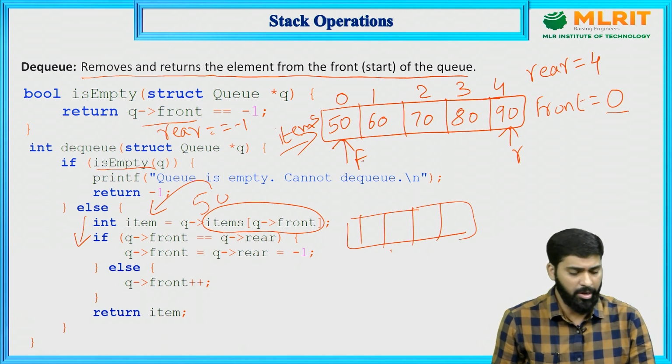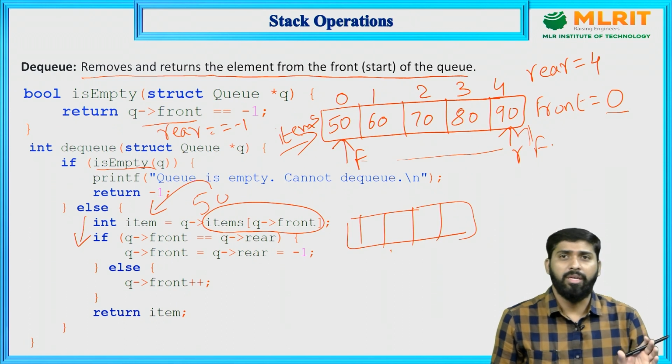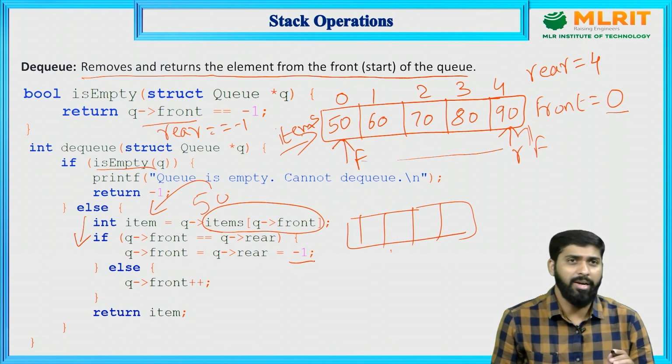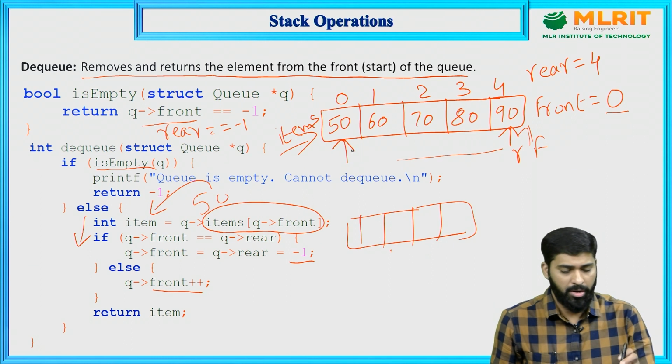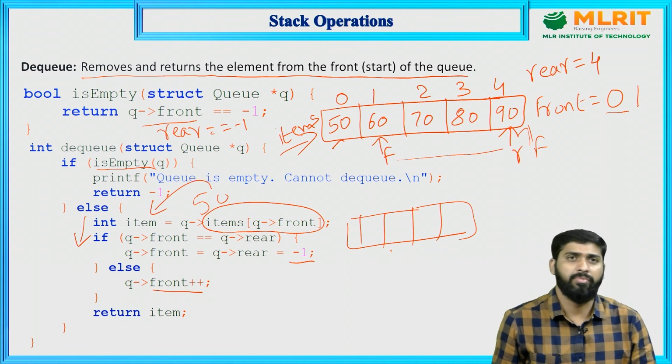Once we delete all the elements, both front and rear are at the same position, so we assume that the Q is empty and make front and rear equal to minus 1. Otherwise, here we increment front plus plus, so now the front becomes 1. That's it. This is the function for deleting an element from the Q.